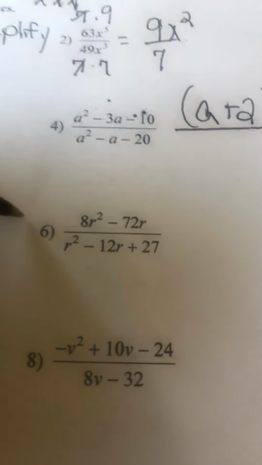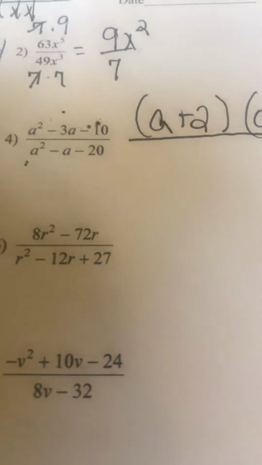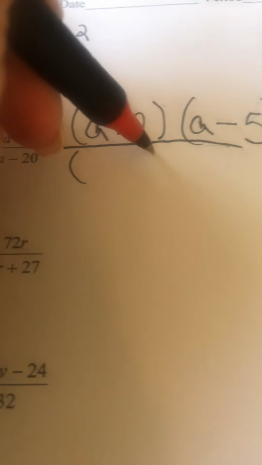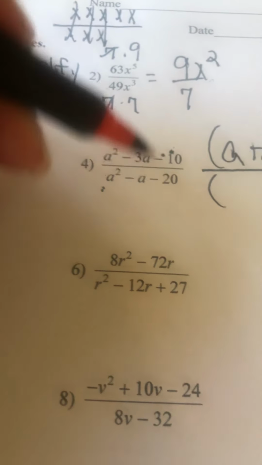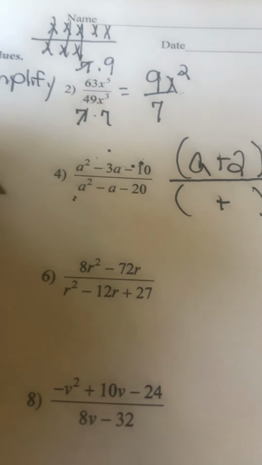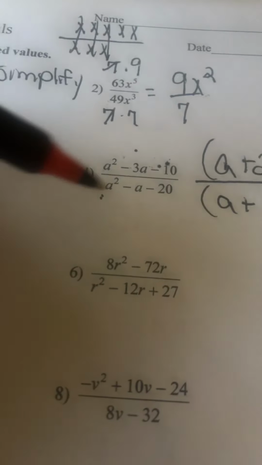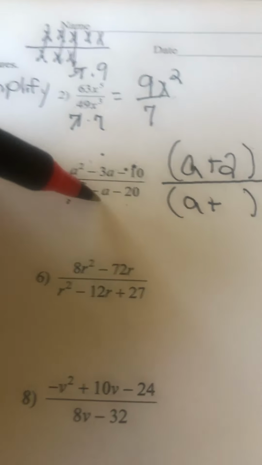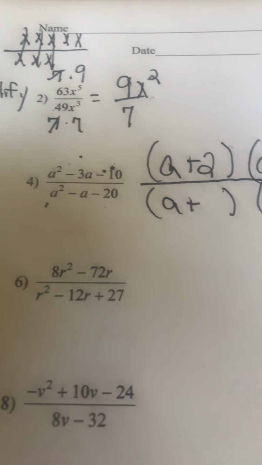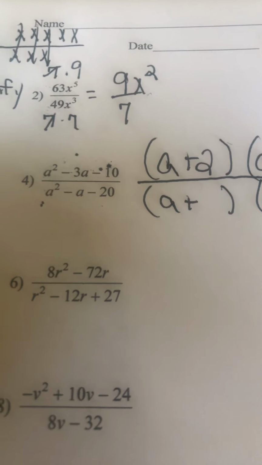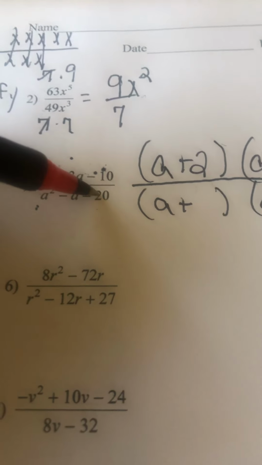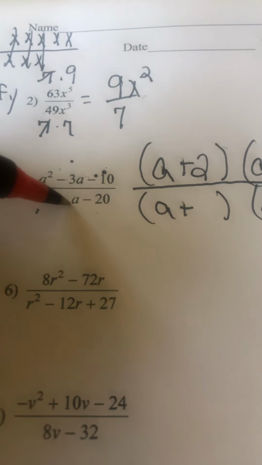Now we're going to factor the denominator. Once again, we have a negative, so we're going to use a positive and a negative. Factors of a squared is just a and a. Then for 20, we want factors of 20 that have a difference of 1. That would be 4 and 5, because 4 times 5 is 20 and 5 minus 4 is 1.